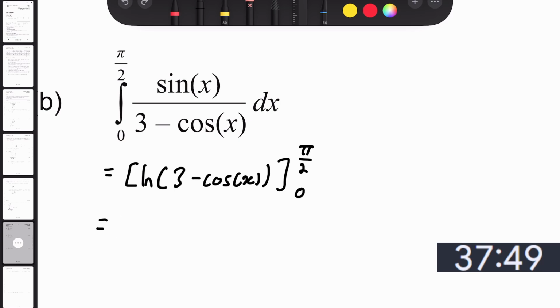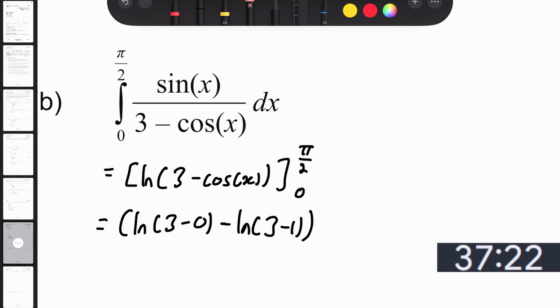So here I just have ln of 3 minus cosine of pi on 2. I look at my unit circle, pi on 2 is straight up, so that's going to be 0. So ln of 3, minus ln of 3 minus cosine of 0, which is heading straight to the right, so it's going to be 1, so it's minus 1. So then this is equal to ln of 3 minus ln of 2.